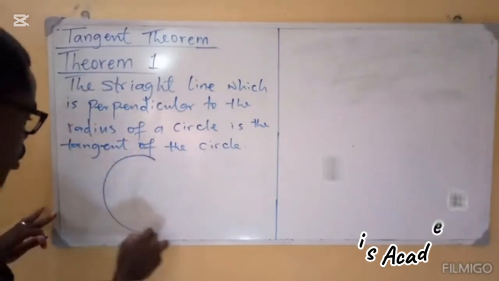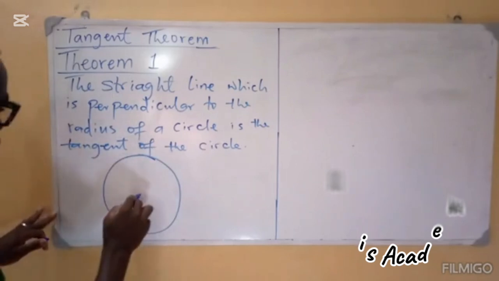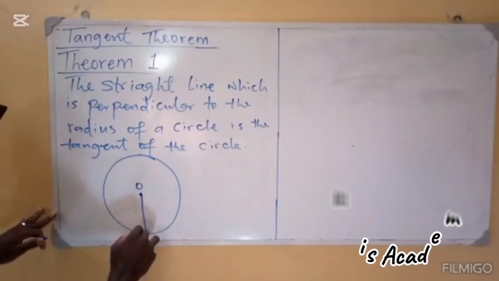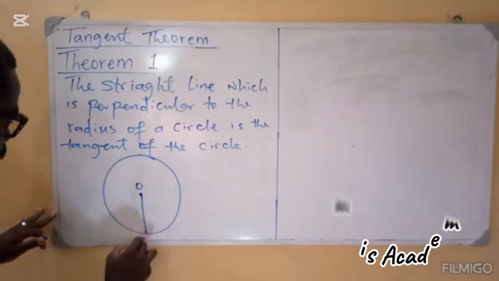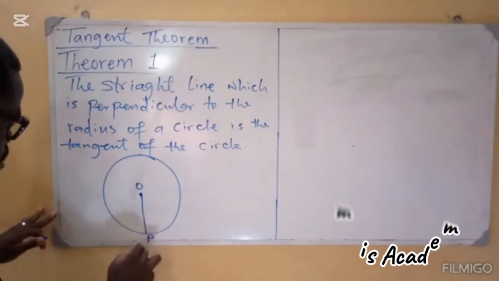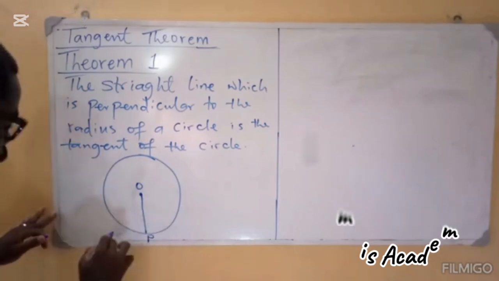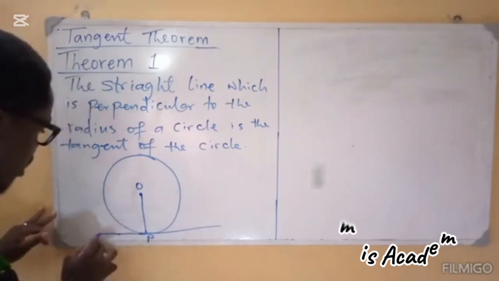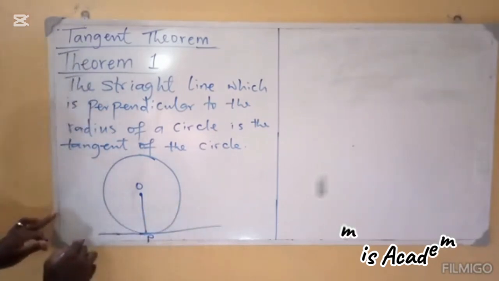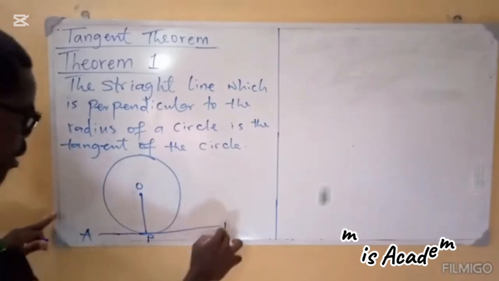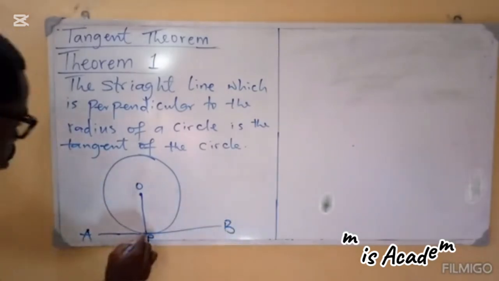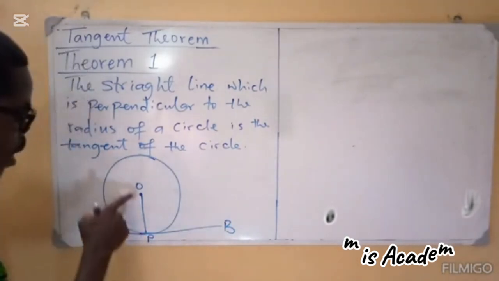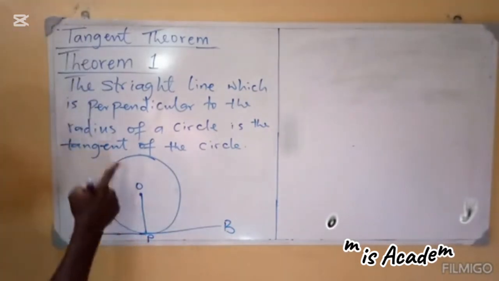We have a cycle centered at O, and we have the radius of the cycle at this point. We call it point P. And at point P, we have a tangent AB that passes through the point P. So AB is a straight line that passes through the point P, and OP is the radius of the cycle.